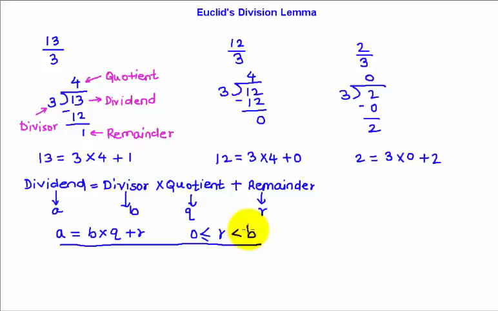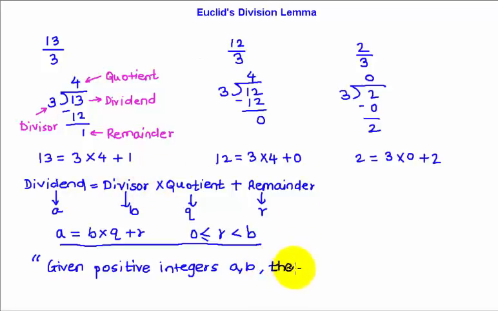Now let's write it in word form. So given positive integers, the integers are positive. Which are those integers? A and B. That means in the above example they are the dividend and divisor. There exist unique integers.